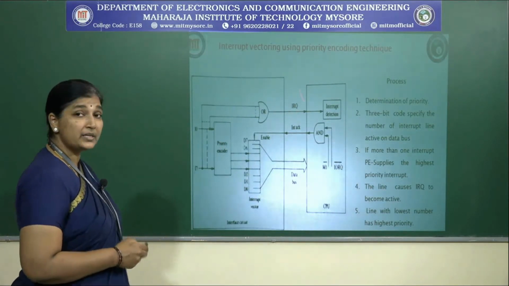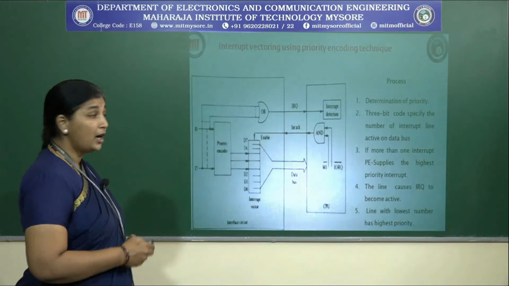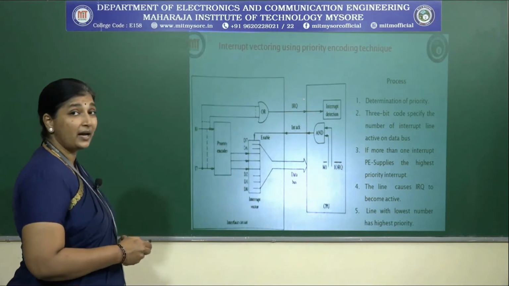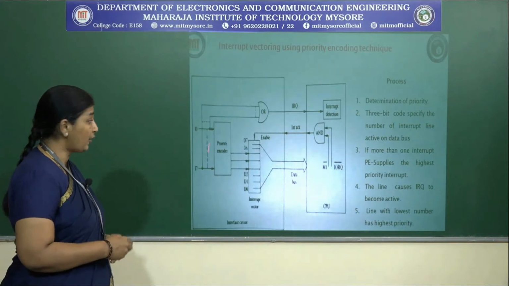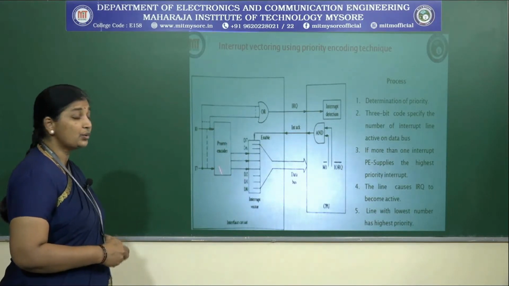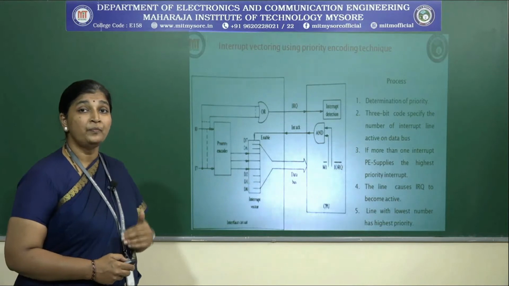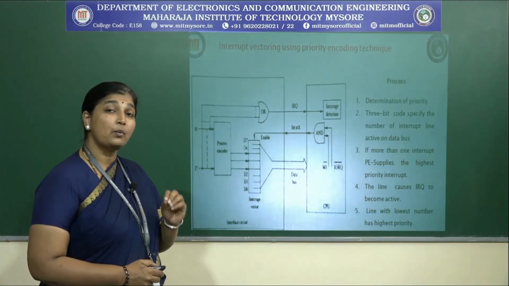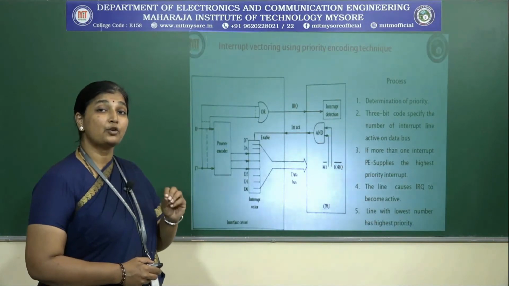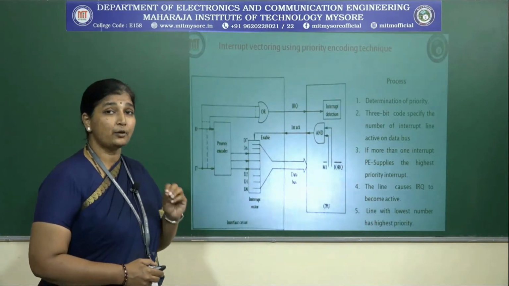So if IRQ is high, then there is an interrupt, right? This IRQ is high only when there is a priority set by the priority encoder, which identifies the devices trying to interrupt. A 3-bit code helps in identifying the active interrupts that could be handled at that instant of time.